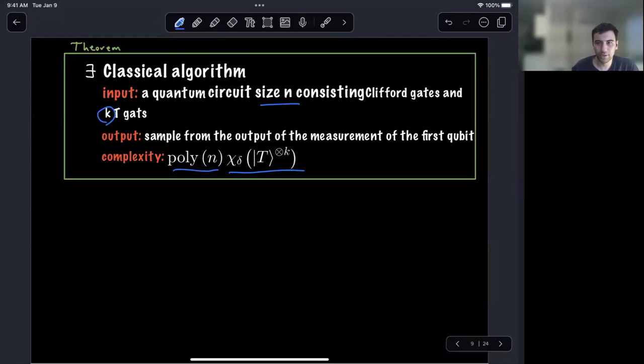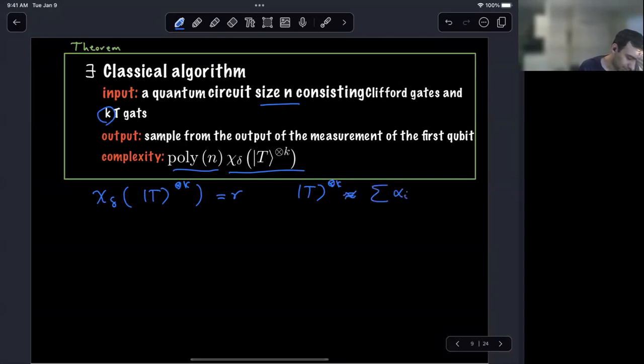And to see why this is true is not difficult. For example, if this rank is some number r, then you can write your state, or approximately your state, as a sum of some stabilizer states.